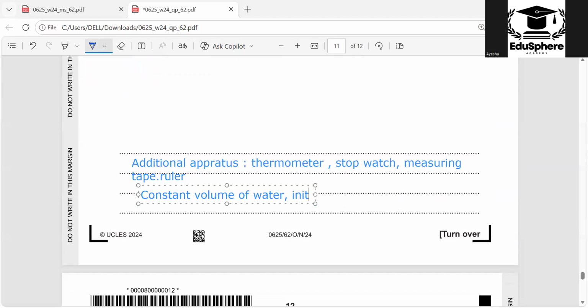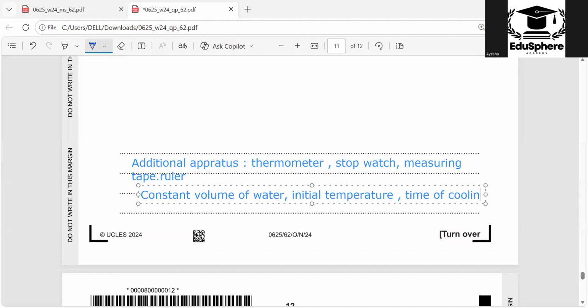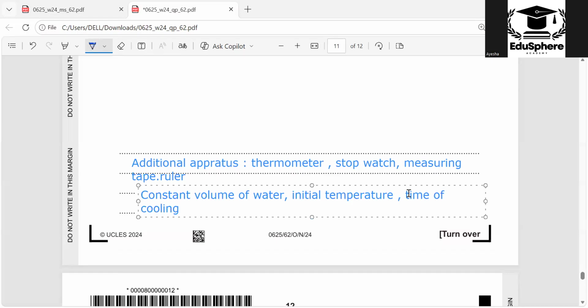Like all beakers should have the same initial temperature. So initial temperature should be the same. And the time of cooling should also be the same.